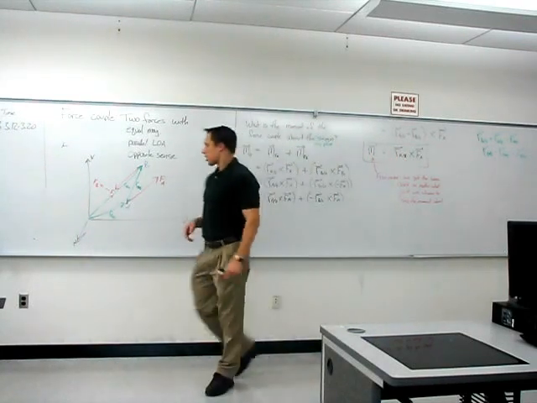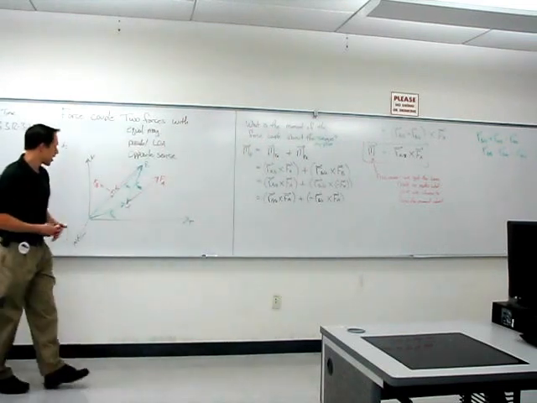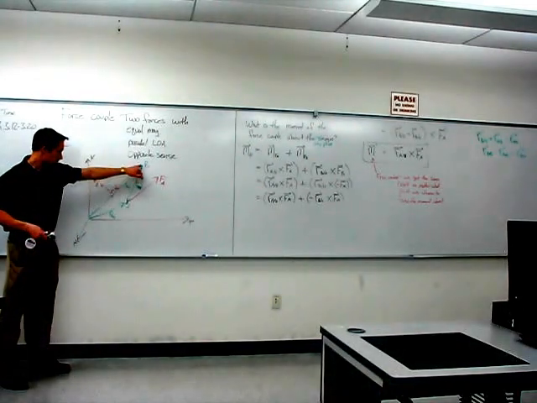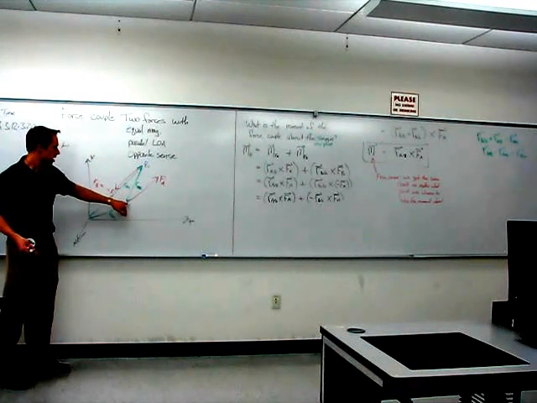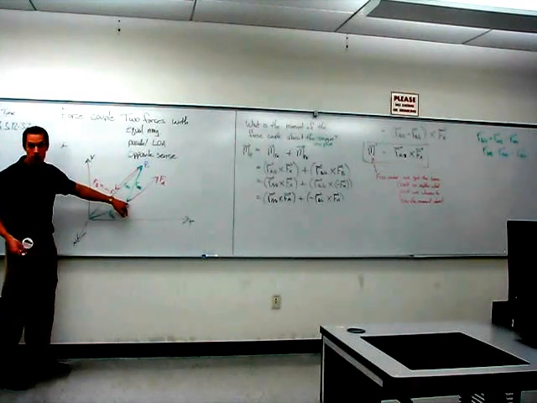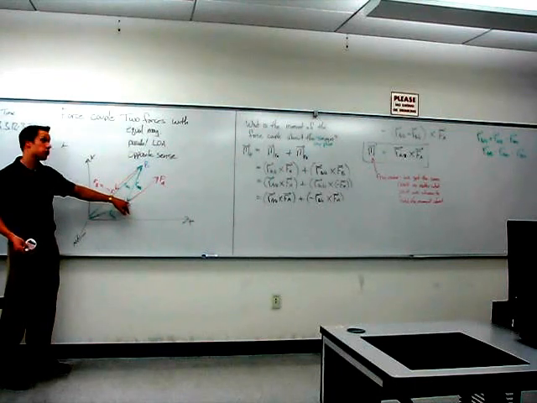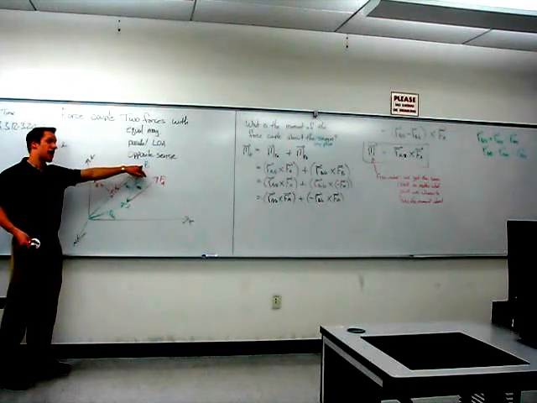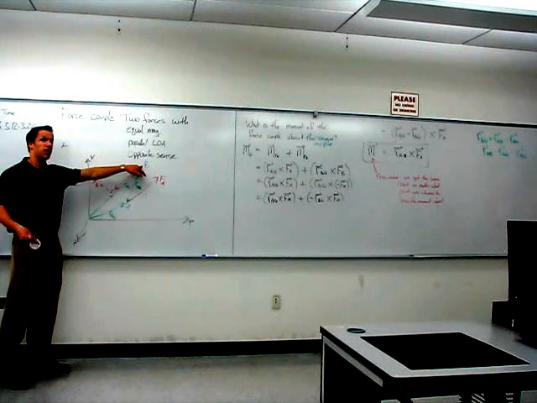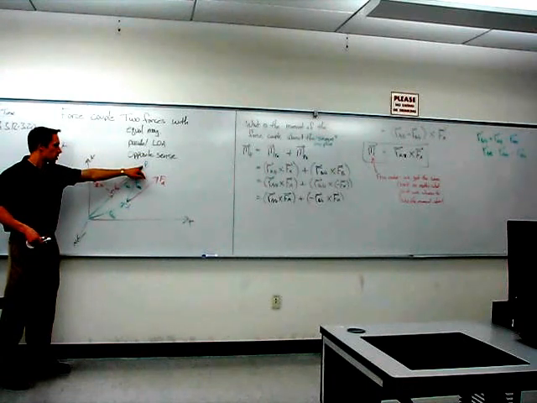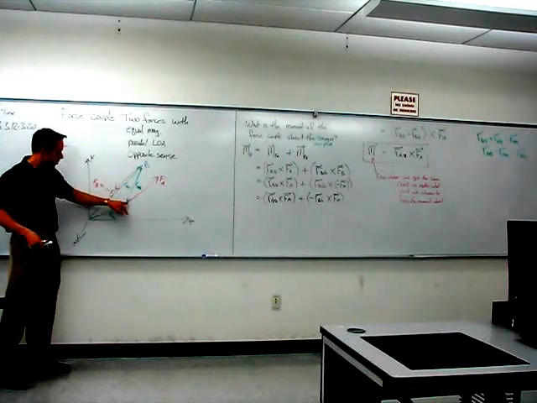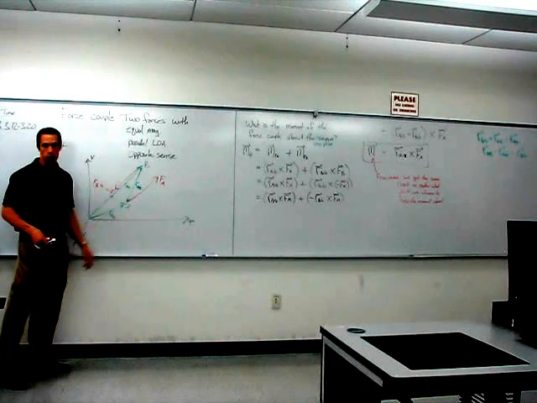If we're going to do this cross product, we have the position of A with respect to B, so that's the vector that goes from B to A, and then we have to cross it with the force that is applied at the end of that position vector. If you try to cross it with the force that's at B, you're going to get the opposite of the result that you should. So just remember, you can take the position of A with respect to B and cross it with the force at A.